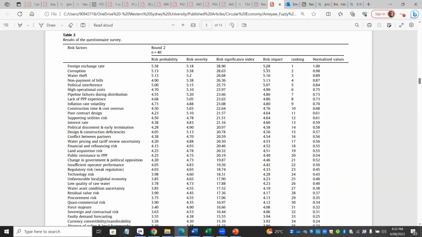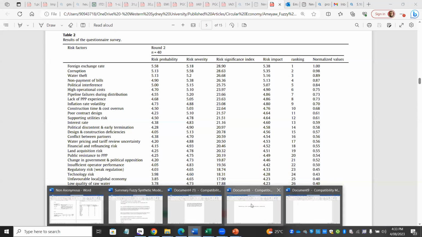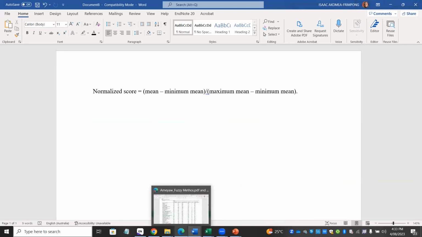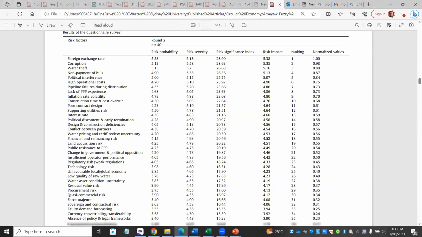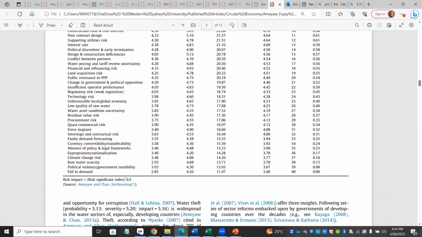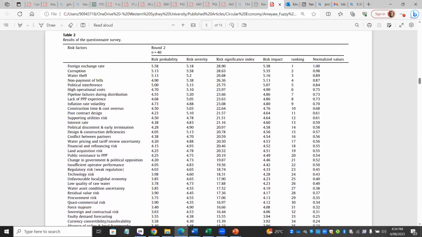Good. So 5.38 minus what? So the formula, let's take the formula again. Minus the minimum mean. So how do you get the minimum mean? You look at all the means here. Which one is the minimum? It is this one, 3.46. Okay, so let's do this exercise.